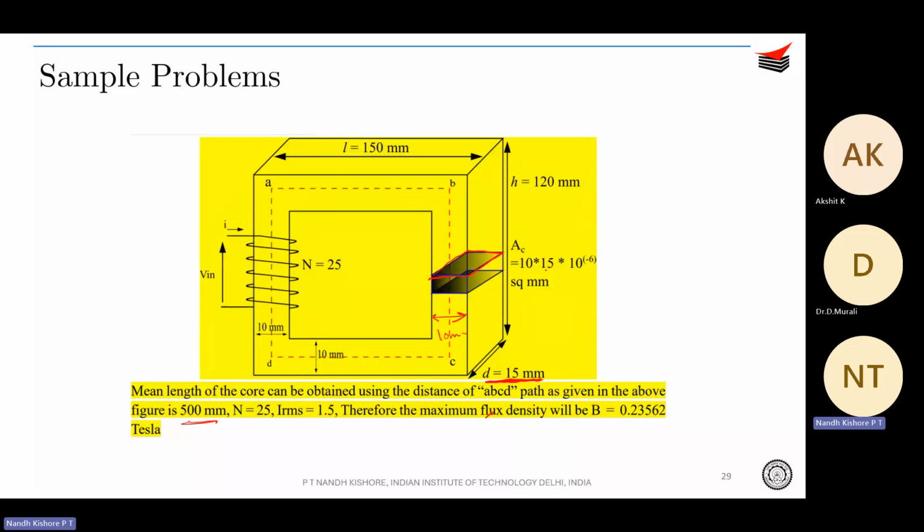That is why your AC is 15 mm into whatever is the thickness over here. You can imagine in 3D that the area of cross section of the core would be the thickness of the core multiplied by whatever is the width over here. The 10 mm multiplied by D, that is 10 mm into 15 mm. That would be the cross section of your core.